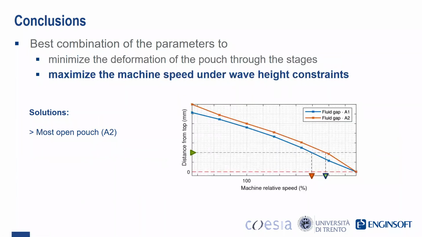When we want instead to focus on the maximization of the machine speed, in this case, for the constraint on the distance from top, so the constraint that results from the sealing of the pouch, we can see that a more open pouch is actually suggested, because it allows higher machine speeds, so higher filling processes and packaging processes.